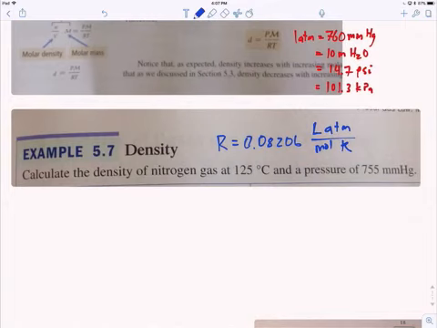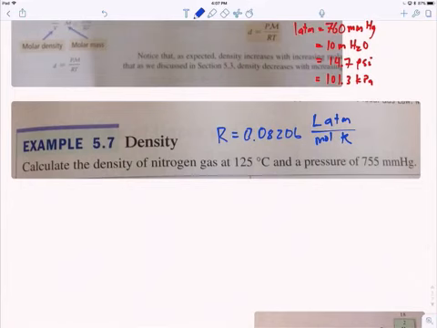So what is the density of nitrogen gas at 125 Celsius and a pressure of 755 millimeters of mercury? So the density, which we've just covered, is pressure times molecular weight all over RT. Okay, good. You can see that. I've got the smaller pen tip on right now. I was just checking.